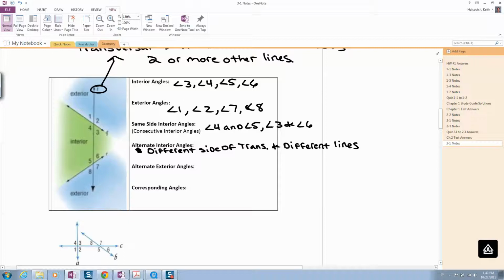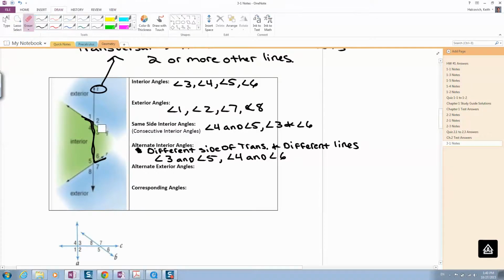So for example, you have 3 and 5 are alternate interior. 3 and 4 are on different sides of the transversal, but they're not on different lines. And 4 and 6, those are alternate interior. Now notice you also get kind of like a Z shape when you do alternate interior. So that's a way to tell that they're alternate interior angles.